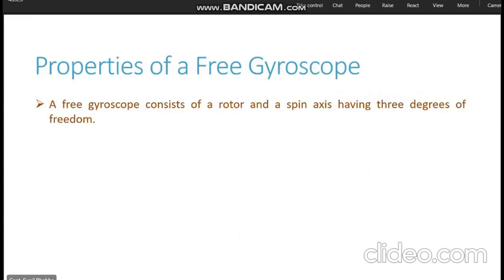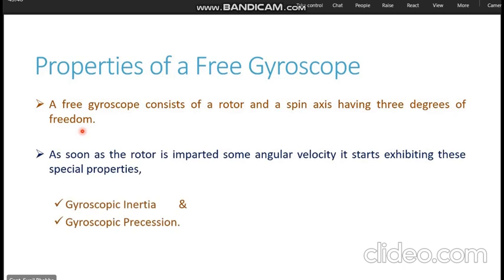We are now moving into the special properties of a free gyroscope. We know that a free gyroscope consists of a rotor and a spin axis having 3 degrees of freedom: freedom to spin clockwise or anti-clockwise, freedom to tilt up and down, freedom to drift east and west. Now, as soon as we make a free gyroscope, we have the 3 degrees of freedom and the rotor is imparted some angular velocity.